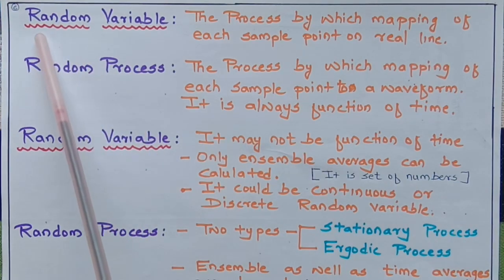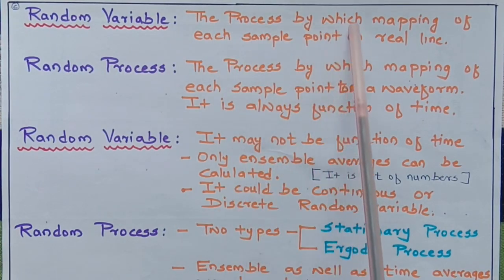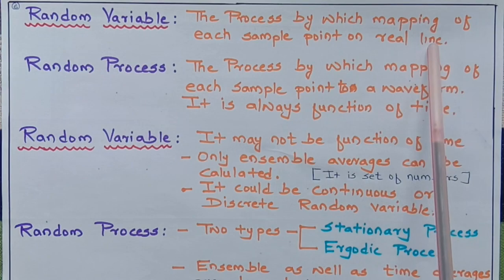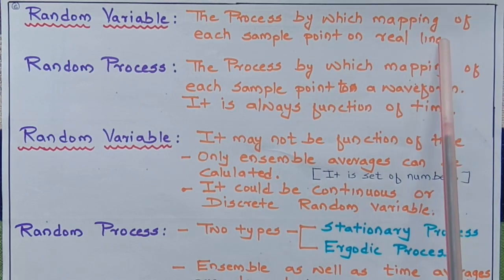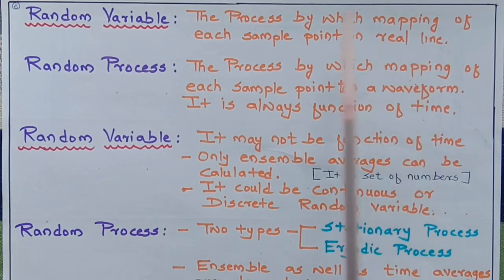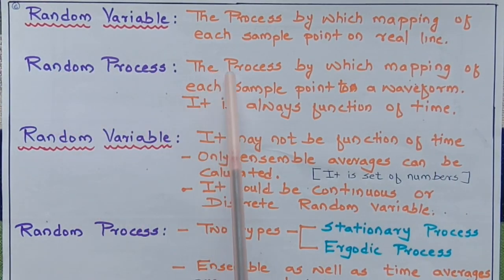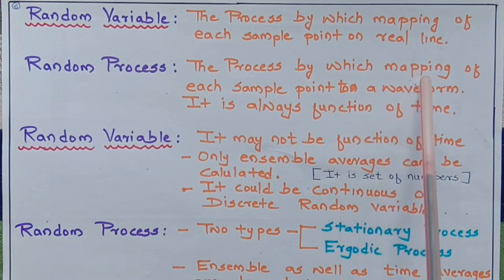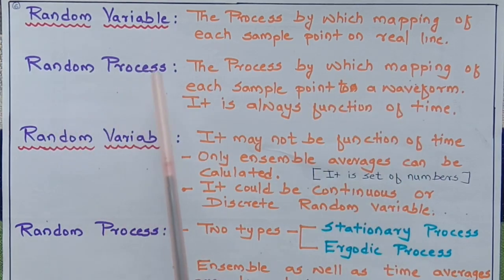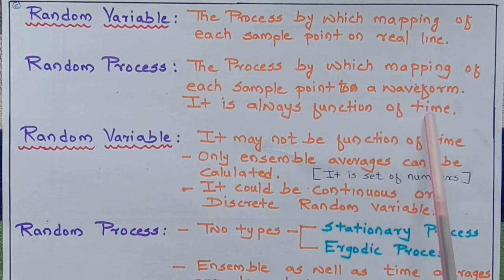So we can say a random variable is the process by which each sample point is mapped onto the real line. It may not be a function of time. But a random process is the process by which each sample point is mapped to a waveform. And remember, a sample process is always a function of time.